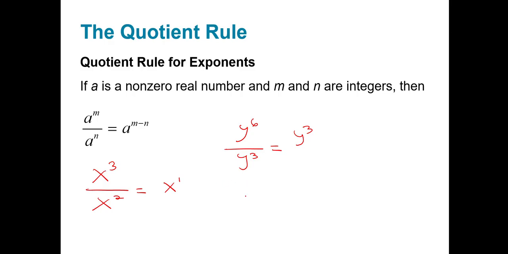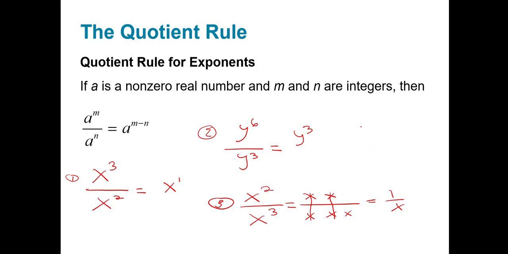Something important that I want you to know, let's say you have x squared over x cubed. If we were to expand this out, this x cancels with this one, this x cancels with this one. So I am left with 1 over x. All right, so leave the x's where there are the most. Let's just do one more.